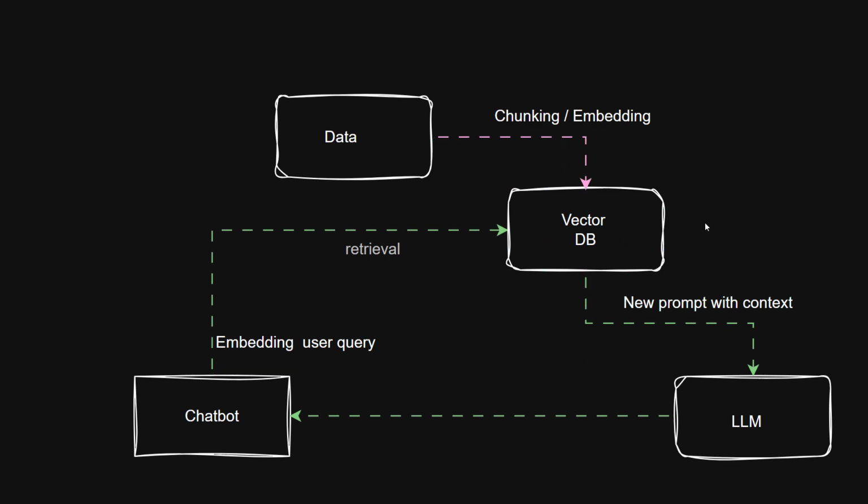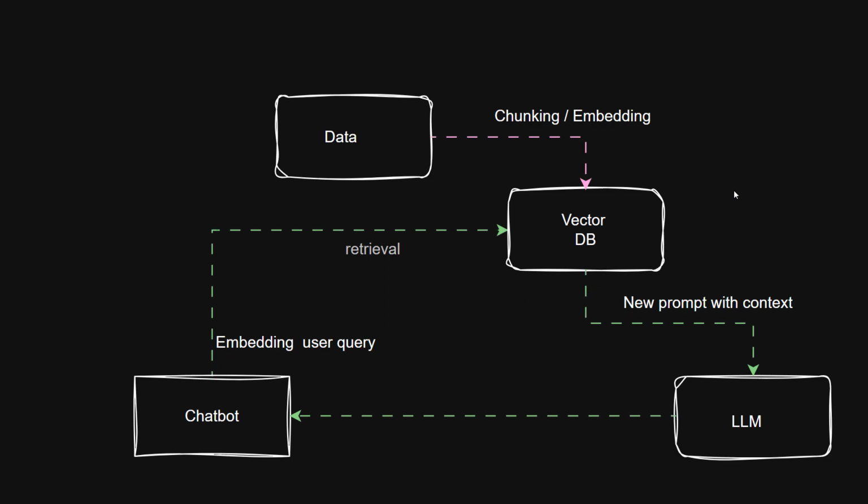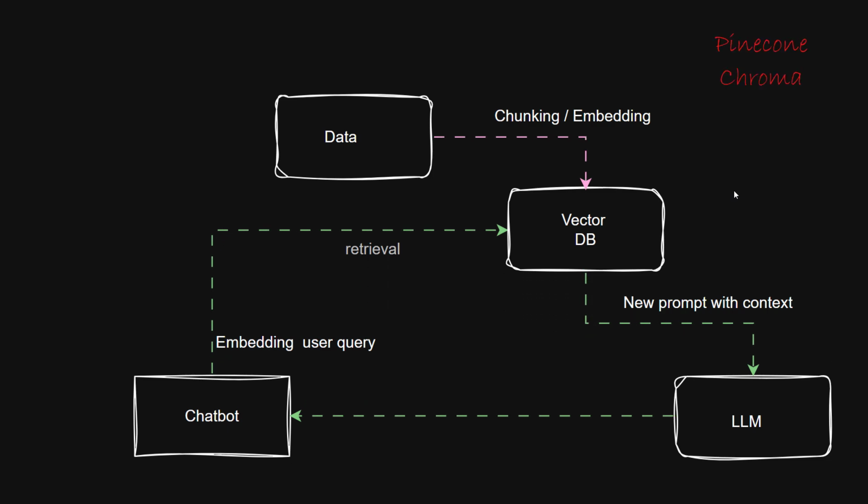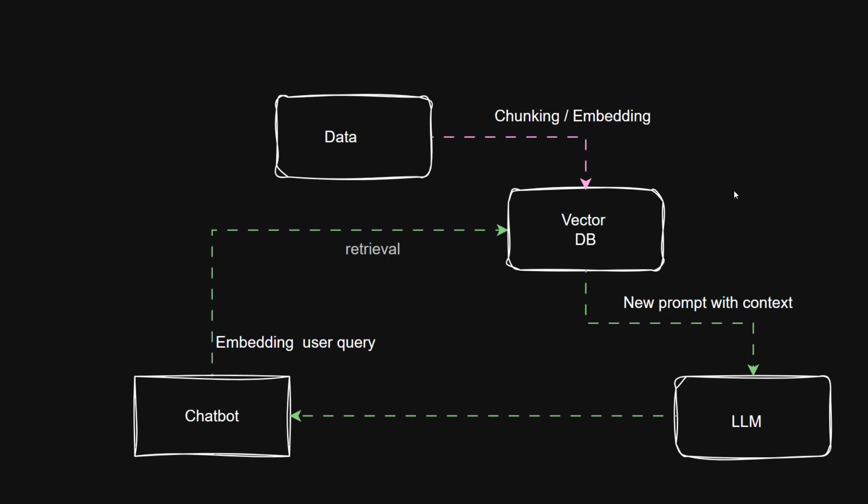Now for vector databases, we have multiple options. There are too many vector databases. Some famous ones are Pinecone, Chroma, Milvus. Even many of our traditional databases can now accept vector data, like Neo4j was a graph database, and now it can be a vector database also.